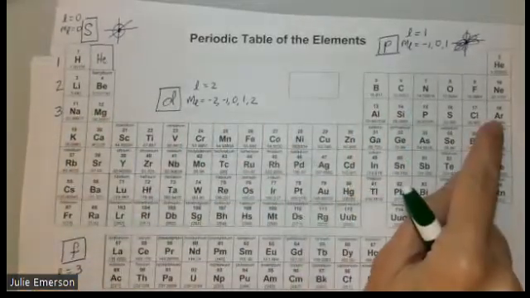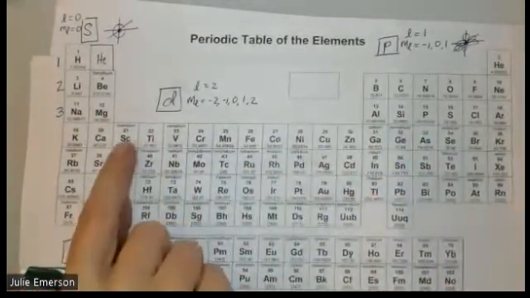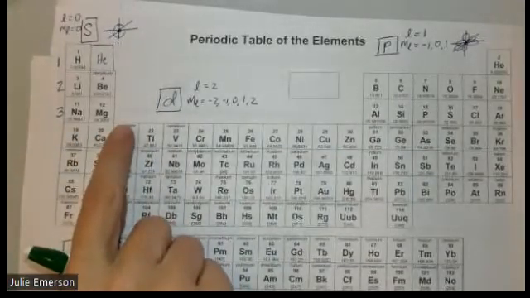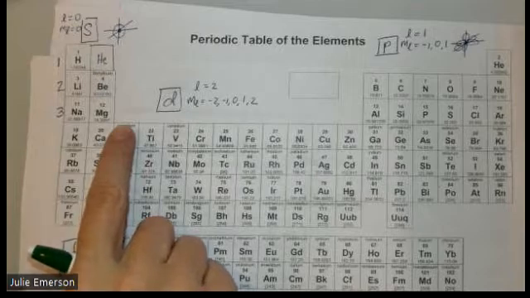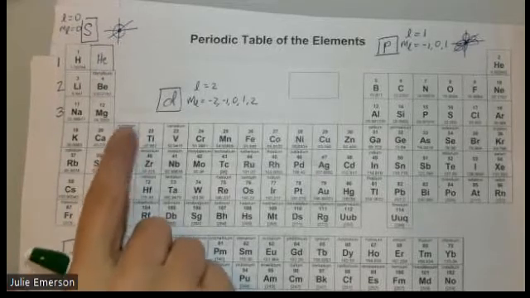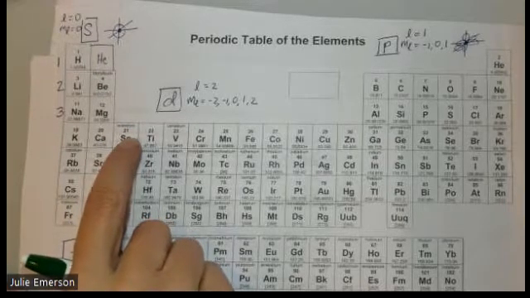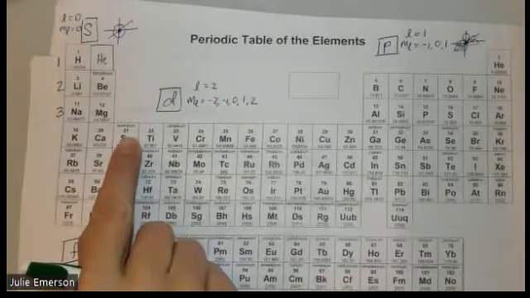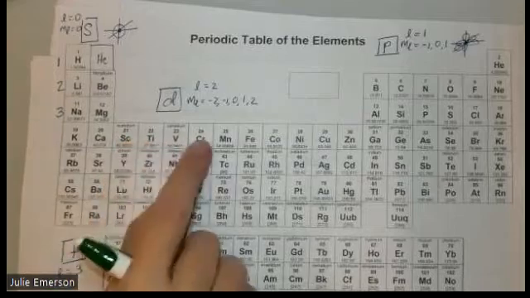Then the question is, where's 3d? Well, 3d turns out to be here in the 4th row. So this is a glitch that we have on the periodic table. So maybe it's not so perfect, but in my mind it looks pretty perfect. There's a little glitch that we have to remember here. The reason for that is, going back to what we talked about, the spatial arrangement of S is energetically favorable, by a lot, compared to the Ds.